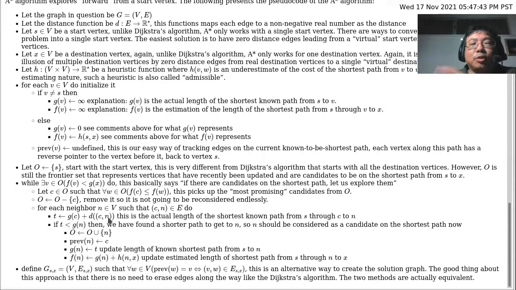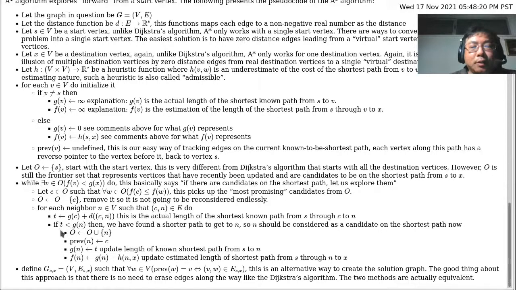That becomes potentially the new g of n, because g of c is the length of the shortest known path from the start vertex to vertex C. We know there's an edge going from C to N, so when we add the distance from C to N, we end up with a potentially new g of n, because g of n is the length of the shortest known path from the start vertex to vertex n. This has a lot of parallels with what we did in Dijkstra's algorithm.